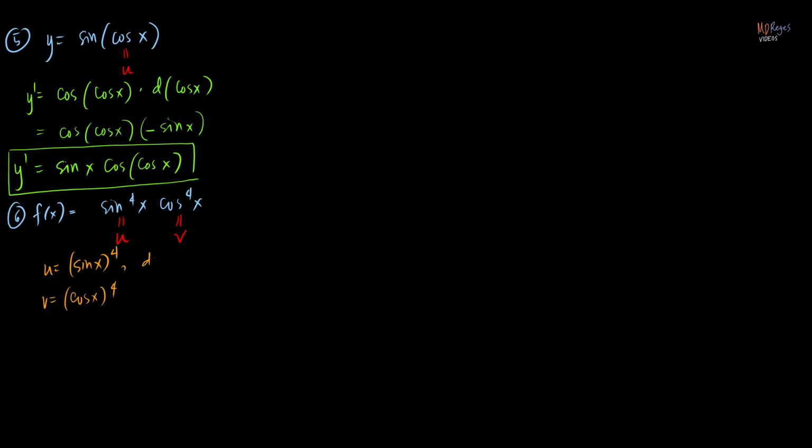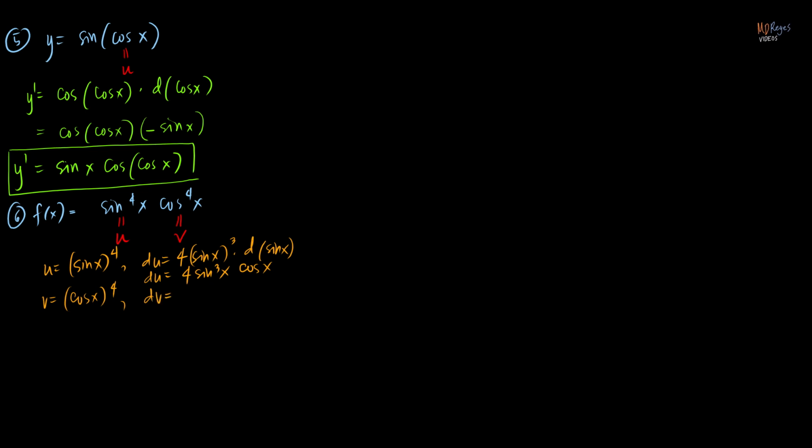From there, you get du using power rule, 4 times sine x cubed times the derivative of sine x, the derivative of the base. So du is equal to 4 sine cubed x. The derivative of sine x is cosine x. That's it.